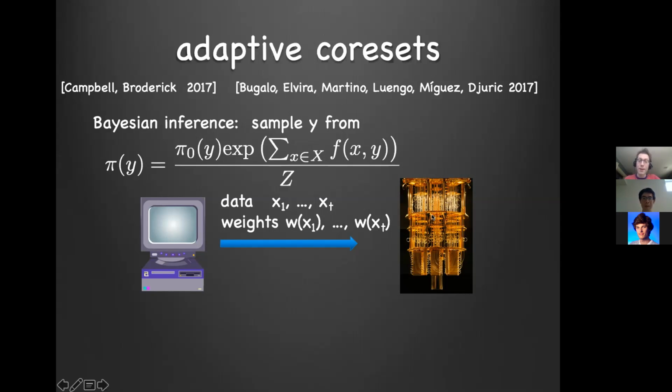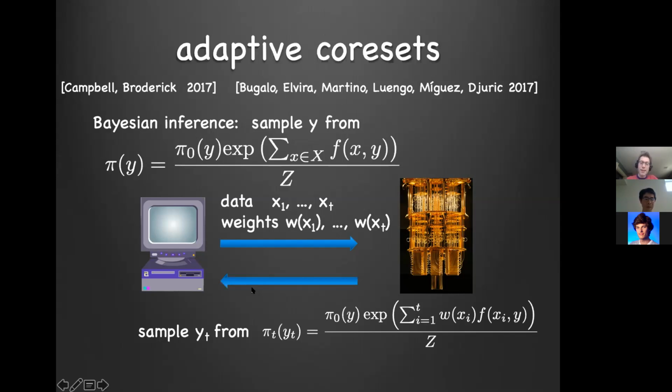You send those to the quantum computer, and it samples from the posterior distribution, not from the true data set, but from this core set. So this core set gives you this approximate log likelihood that you see here. This gives you a distribution pi sub t, and we sample y sub t from this distribution. So that is how you're always using the quantum computer. You're always using it to solve this sampling problem.